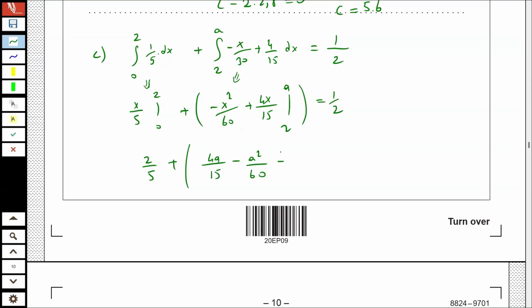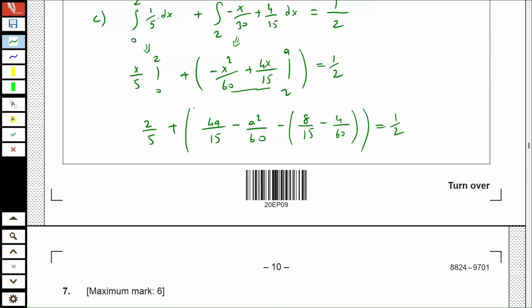Now we are plugging 2 into this function and write minus and open a parenthesis to not make a mistake in here. It's gonna be 8 over 15 minus 4 over 60 equal 1 over 2.